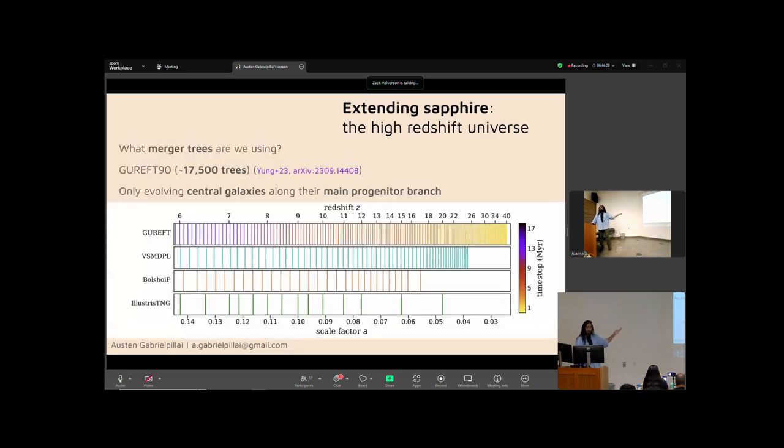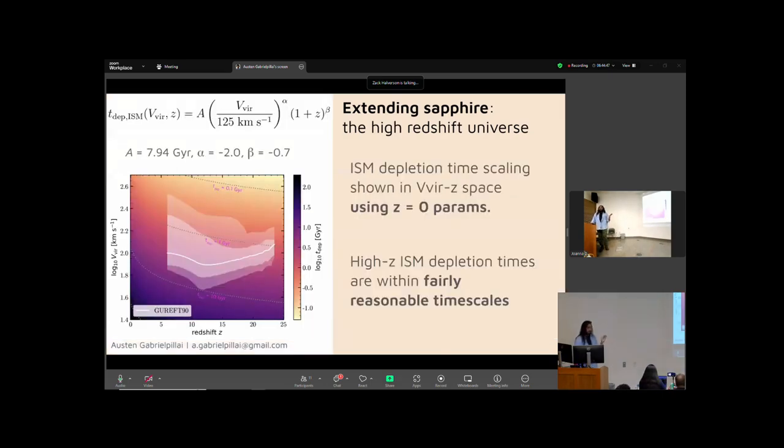in SAPPHIRE. And so to do this test, we are running SAPPHIRE on the GRAPH 90 trees, which Aaron has talked about on Monday, and we're only evolving them on the main progenitor branch, so we're only looking at central galaxies and that population specifically. And so as a first test, I wanted to see if this depletion time formula will actually produce meaningful depletion times, right?